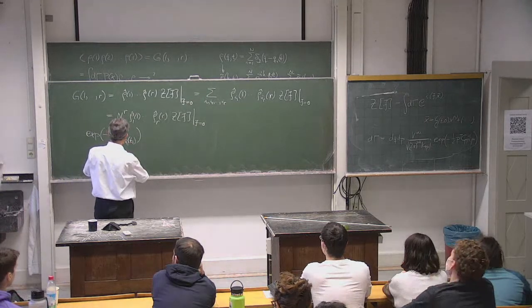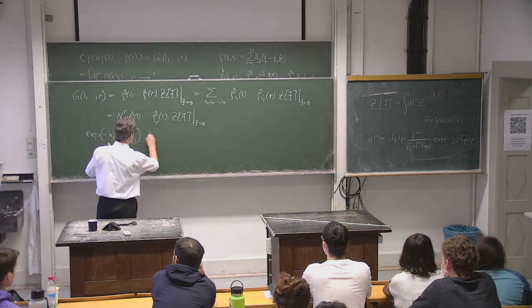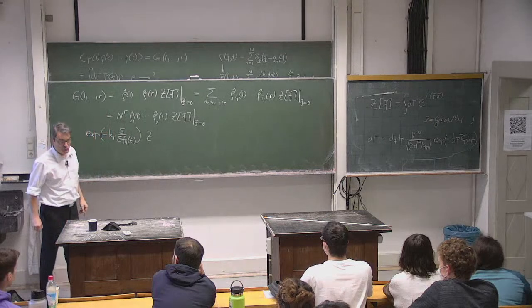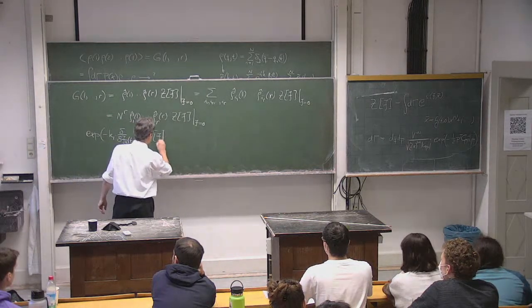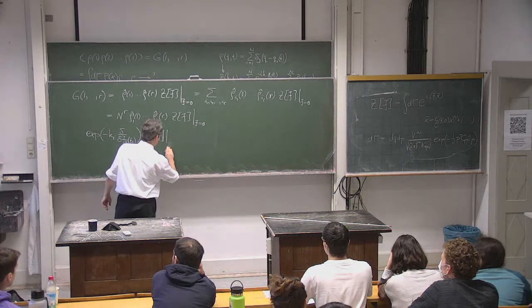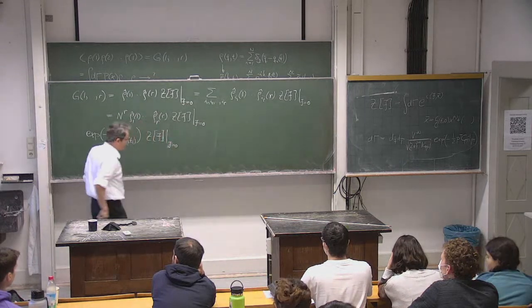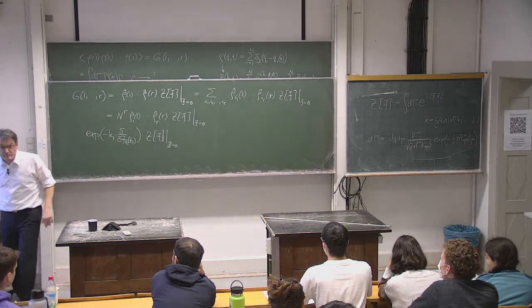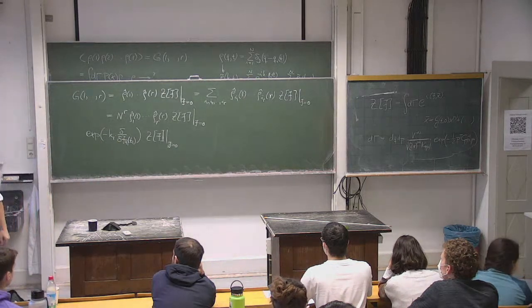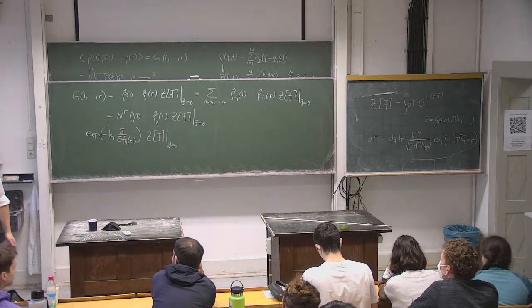So, in other words, if I apply this operation to the generating functional, and then set j to 0, it's going to replace the argument of the generating functional by a shift.